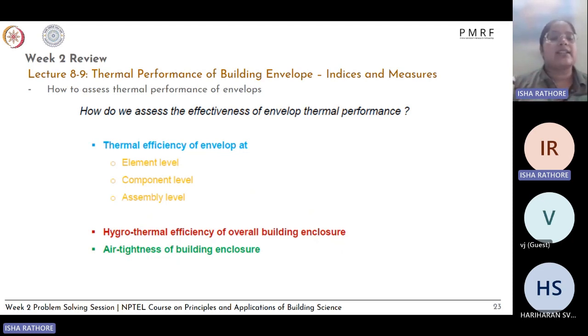So there, air tightness is also a very important factor for envelope thermal performance. In Indian building construction, we do not give importance to both moisture content and air tightness as much as is given in the European and UK context. But these are also two important aspects which need to be considered for thermal performance of buildings.